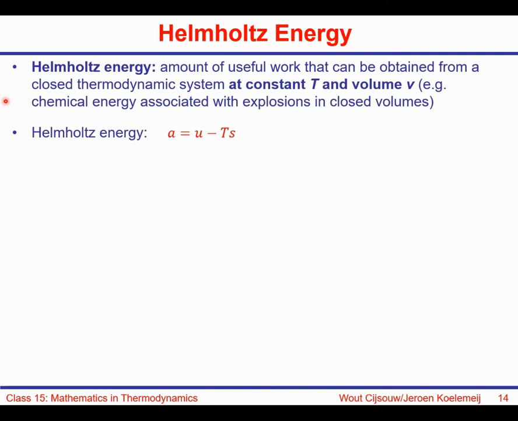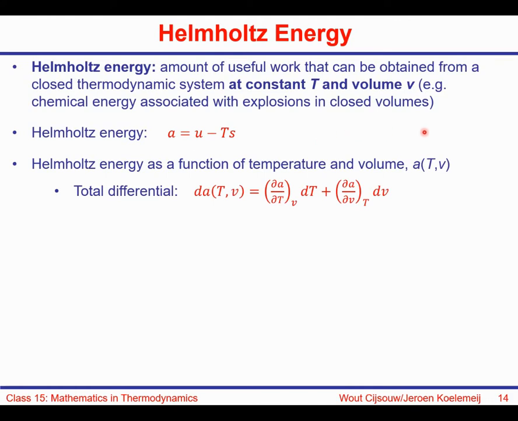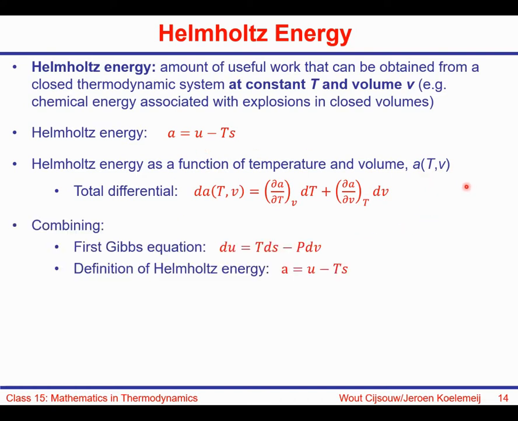For example, you can think about a closed reaction chamber in which an explosion takes place, the combustion of a gas, for example. So the Helmholtz energy is written in the following form, and let's now write this Helmholtz energy A as a function of temperature and volume. Then we can write down the total differential as follows. We have seen that many times before.